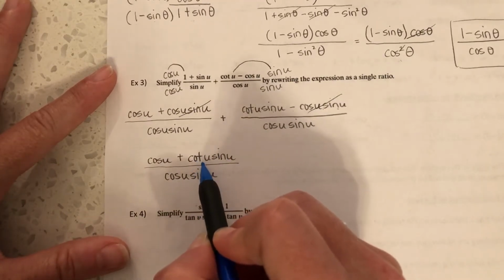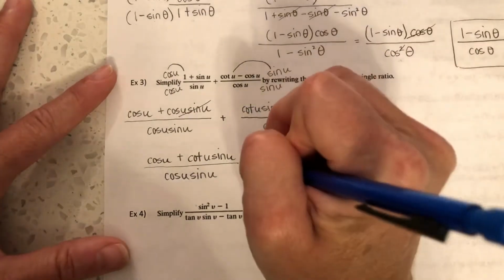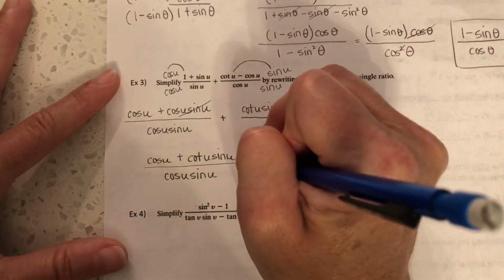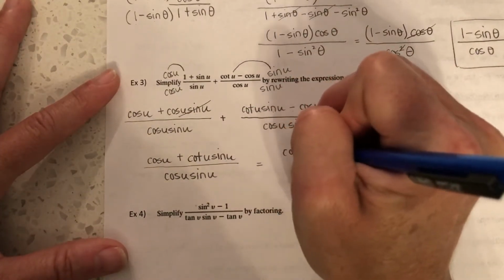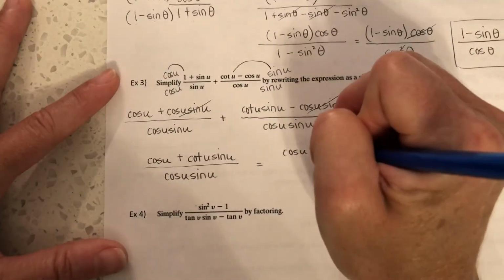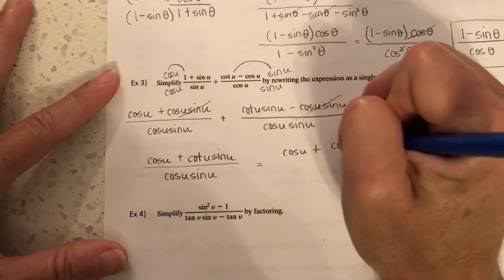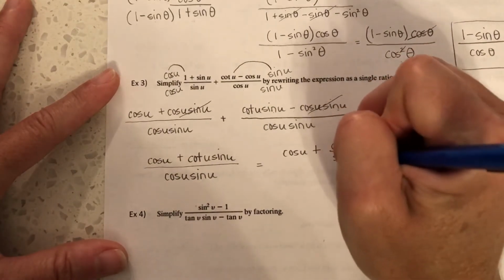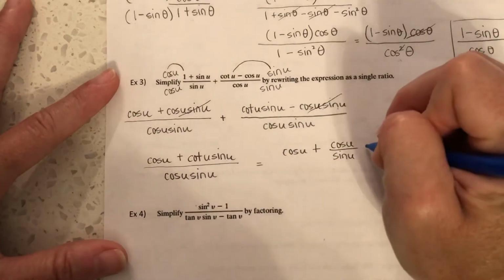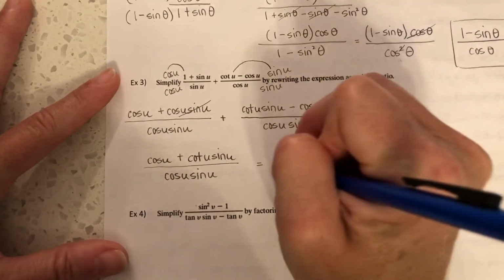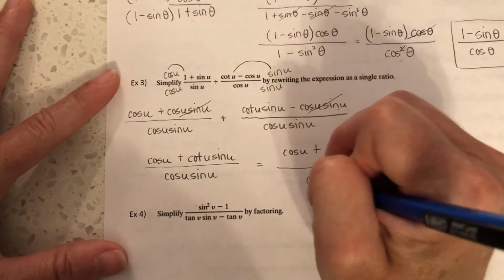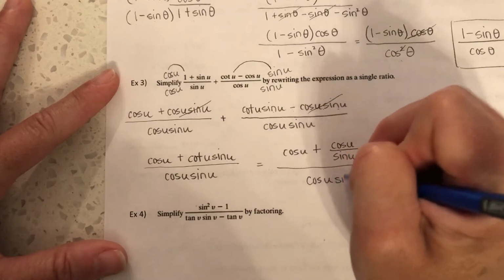Like, what's cotangent u if you rewrote it in terms of sines and cosines, right? So now it would be cosine u, right, plus that's going to be cosine u over sine u, times sine u, all over a common denominator of cosine u sine u.